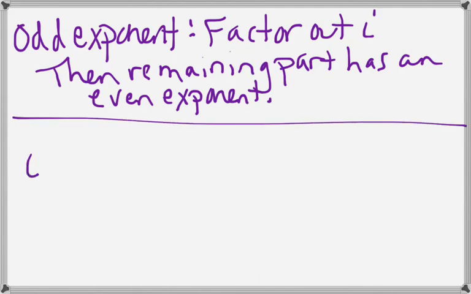So, for example, if we have i to the 13th, when I say factor, the word factor means write it as a product. So we're going to write this as i times something. So this would be i times i to the 12th.